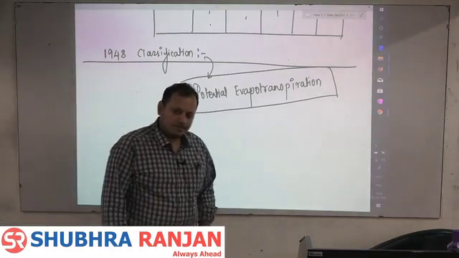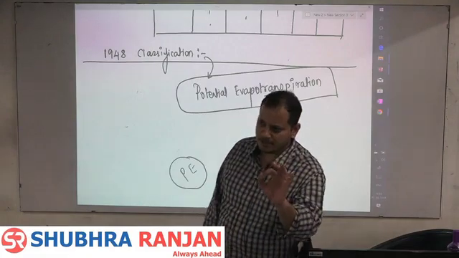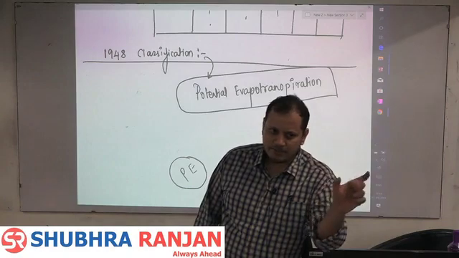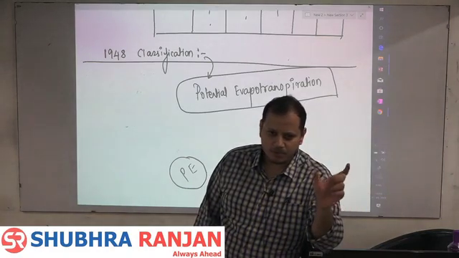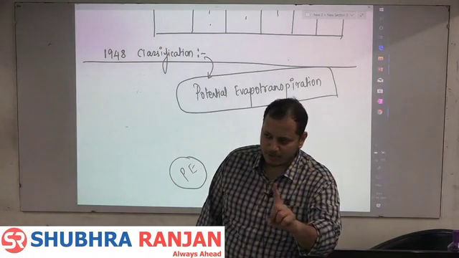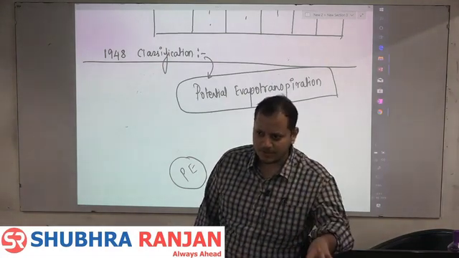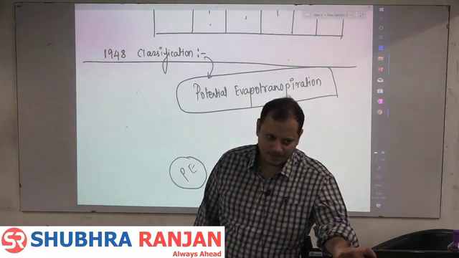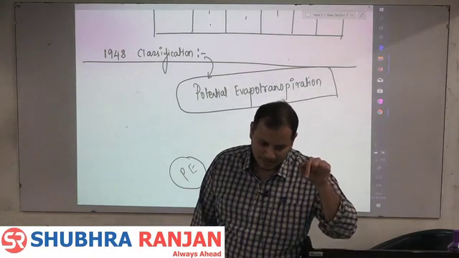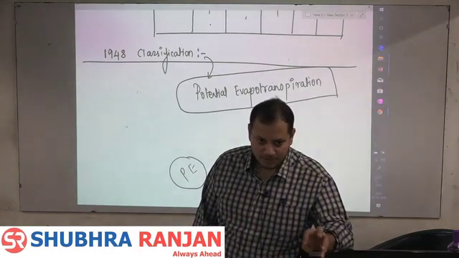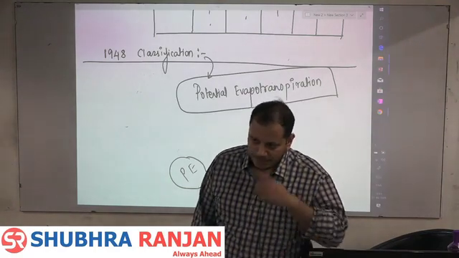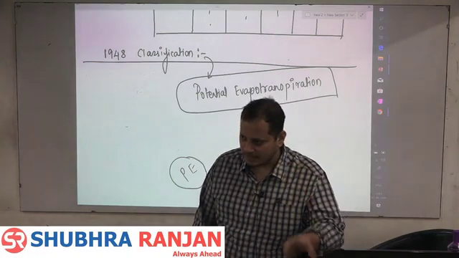Fine? What were his first two indices? Precipitation effective index and the temperature index. Now both indices come into potential evapotranspiration, because how much moisture will be lost depends upon how strong the sunlight is and how much the precipitation is. Getting it? How much moisture will be lost from the soil depends upon how much moisture is there, that is precipitation, and strength of the sunlight, that is temperature.